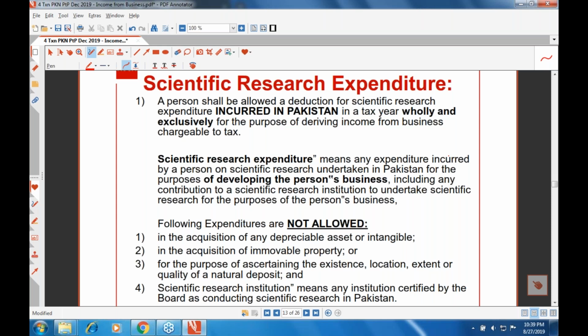They can have their own research institution or they can have the research performed at some third party research institution.